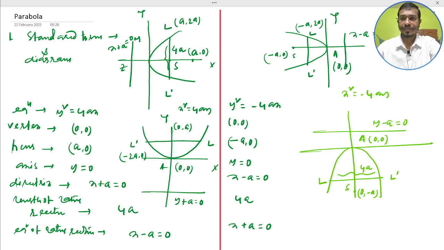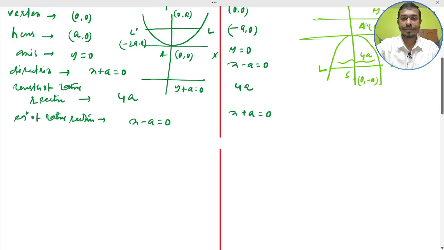Next, number 2. Number 1, parametric equation, coordinate.